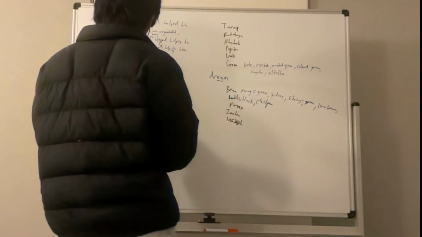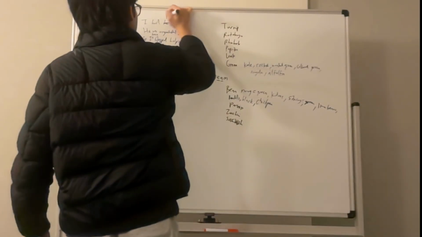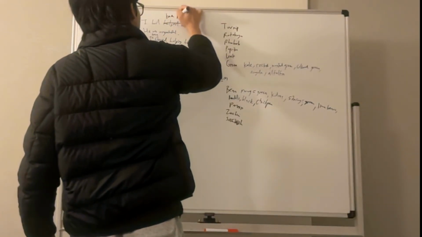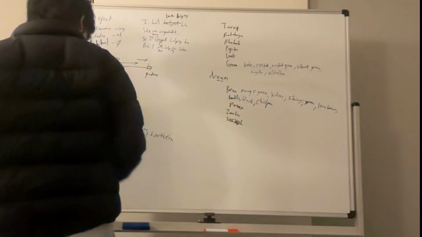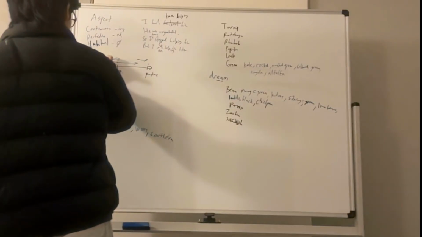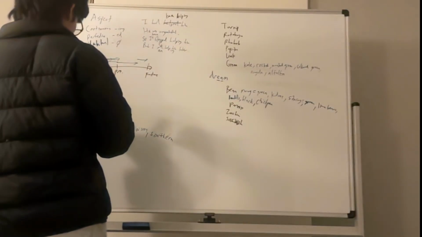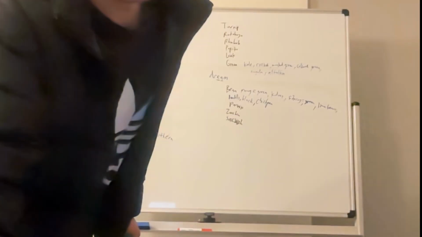For example, if I were to replace this with I had been helping him. I had helped him is actually one point. I have helped, that's inaccurate. I had helped him, actually this one point. I gotta correct that. Hold on.